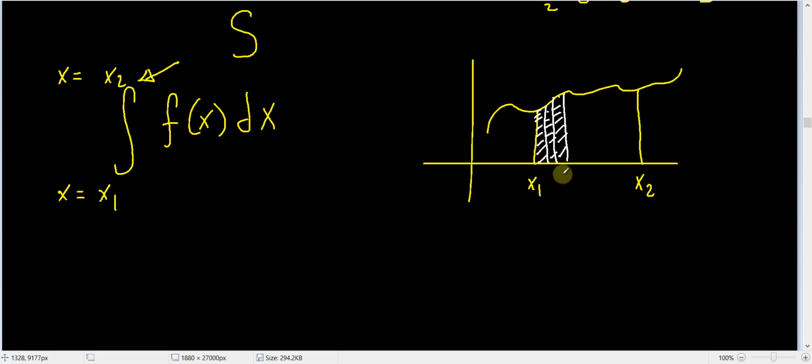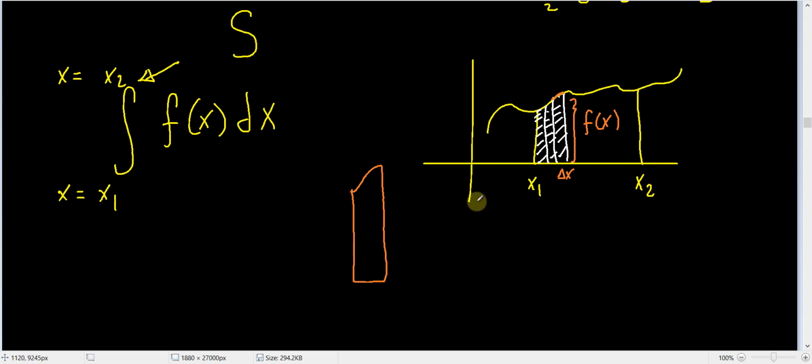Every rectangle of those has a width of, let's say, delta x and a height of f of x at one specific x. Of course, this is not a perfect rectangle because you have this curve right here. So you have something like this, and like this.